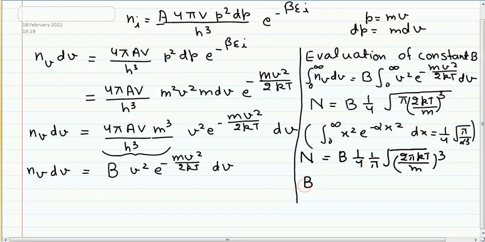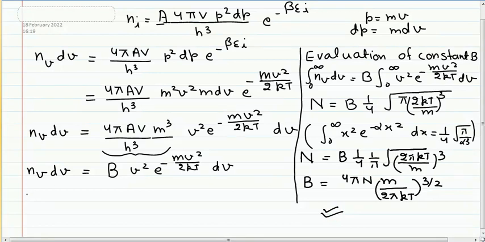So in this way we have the value of b, and the value of b will be 4 pi N, m upon 2 pi kT to the power 3 by 2. So this is the value of the constant b.